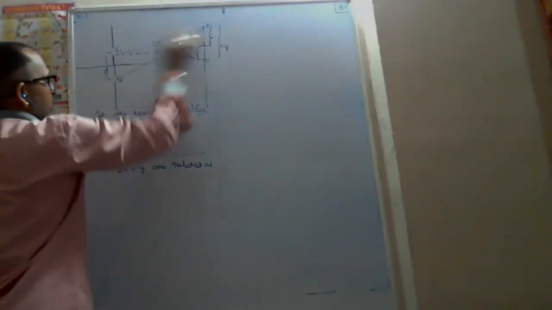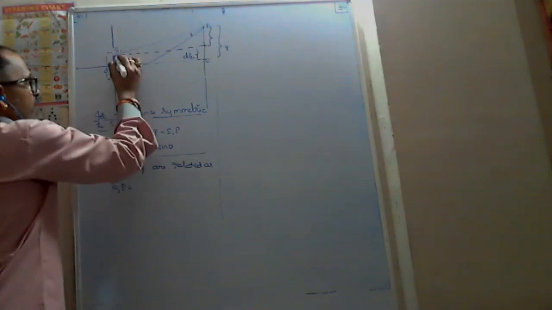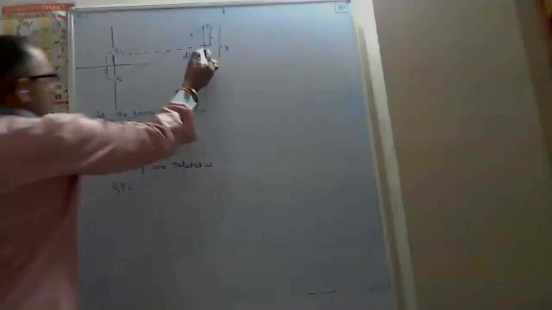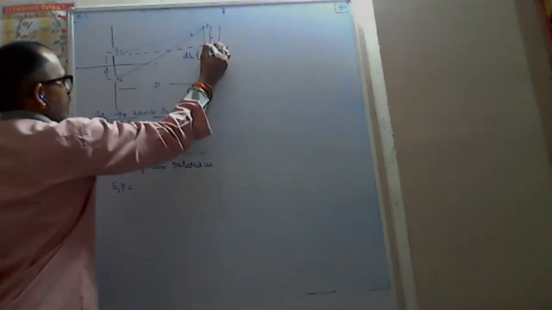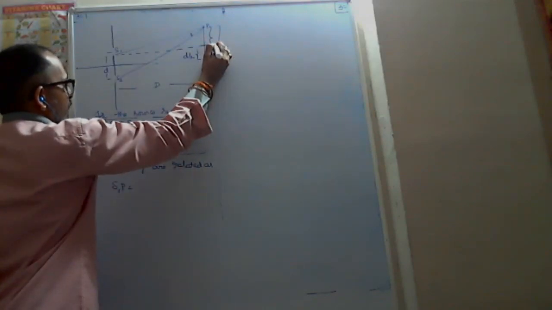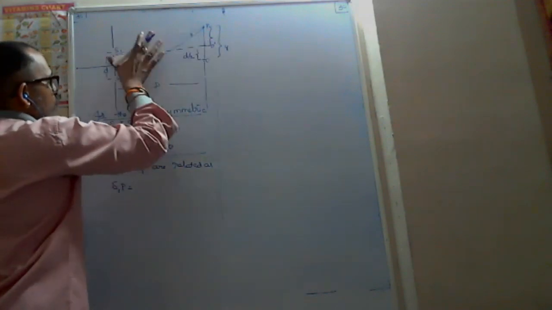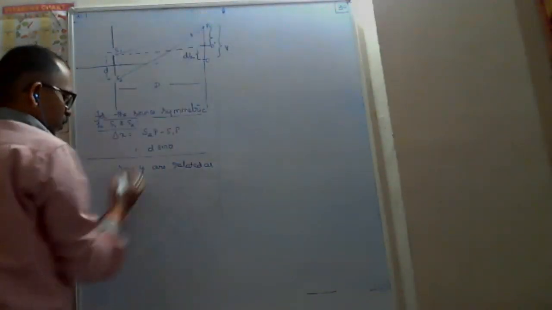So look at the hypotenuse here, S1P. Can I write side square plus side square? Take this side as capital D, and take this as some O dash. So S1O dash whole square plus O dash P whole square equals S1P whole square.